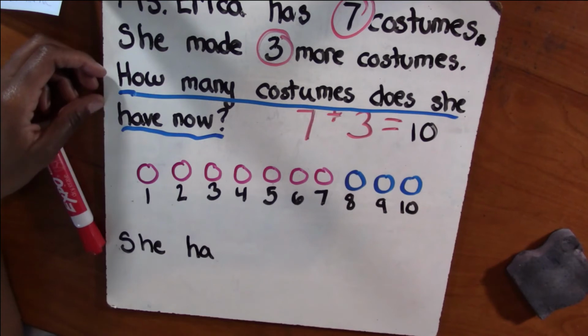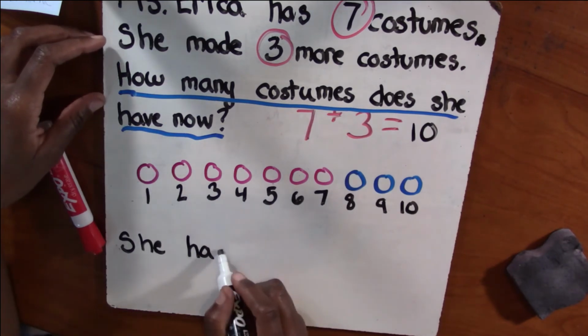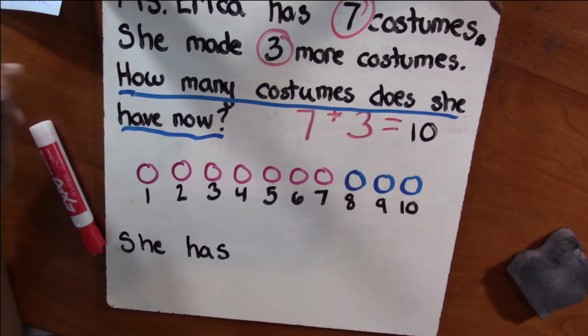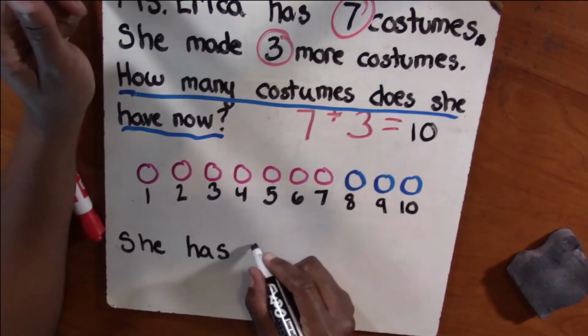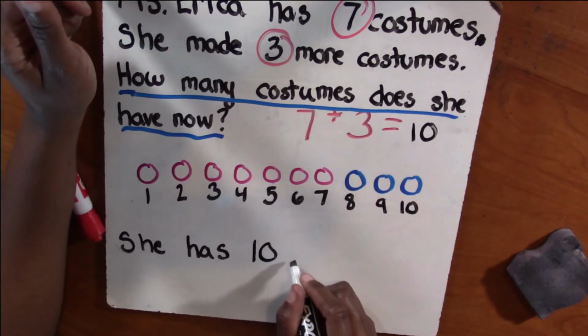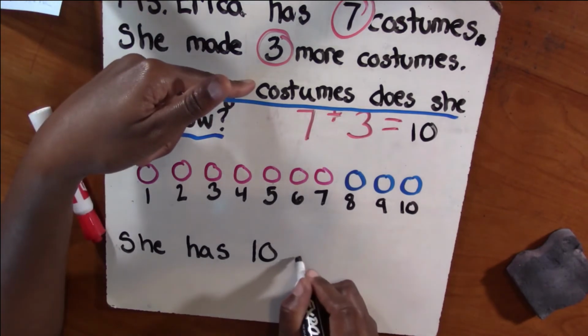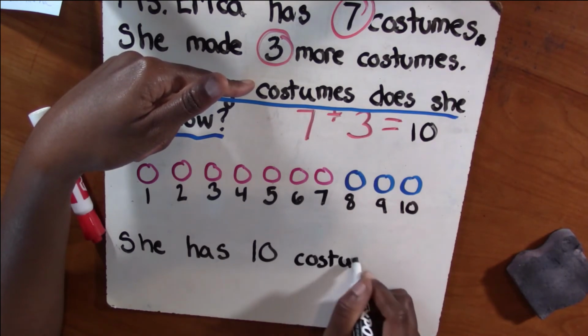That sounds kind of right, but there's another better way to put it. She has what? Good job, I have. She has 10, what are these? What are we counting? Costumes. She has 10 costumes.